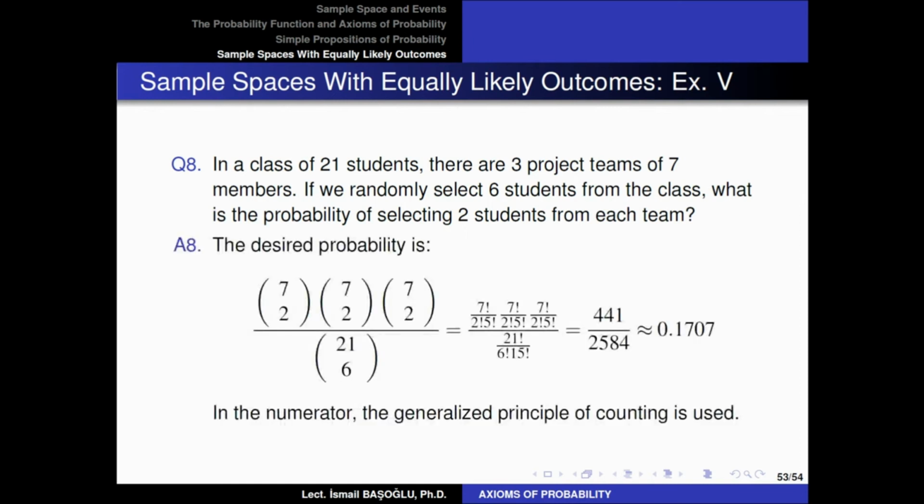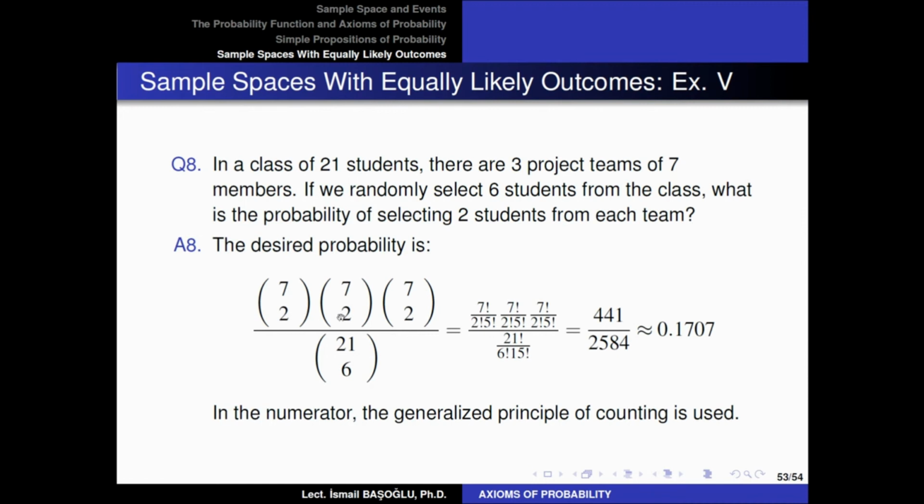So what you are going to do is this. First, you are going to count the number of different ways you can select 6 students out of 21 students. That would be 21 choose 6. And for the event of interest, you are going to count the outcomes in that subset: in how many different ways you can select 2 students from each team.